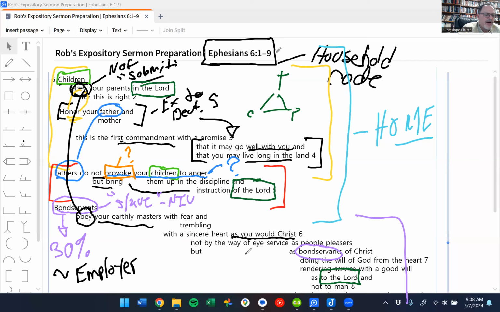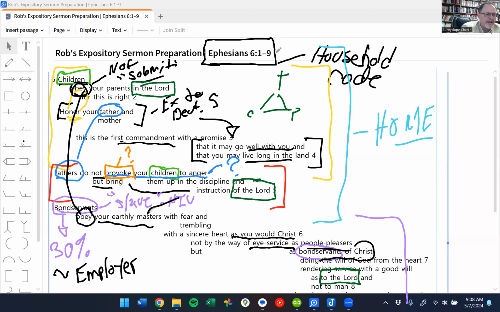And I love how he chooses a couple of things here. He uses a couple of illustrations. He uses eye service and people pleasers. Eye service, it's not really an English word, but it was a Greek word. It's just a way of saying don't work just because you want to impress people. Don't just work to put on a show for other people. But remember that if you're a bondservant, you're really a bondservant of Christ.